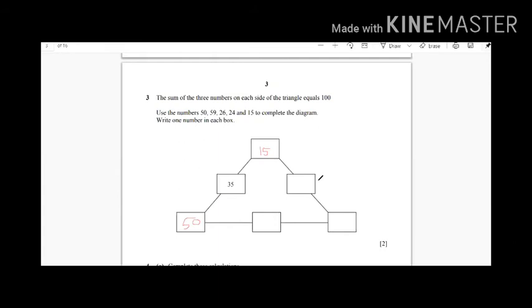No. Write one number in each box. If you repeat, you can never do it. That's why.